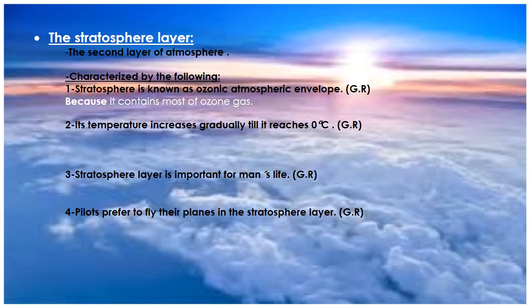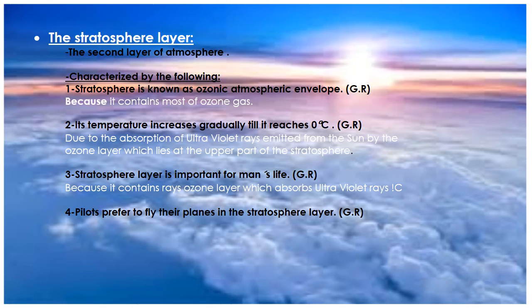As we said before, in the troposphere the temperature decreases as we go up, but in the stratosphere it increases because of the absorption of ultraviolet rays emitted from the sun by the ozone layer, which increases the temperature in the stratosphere.